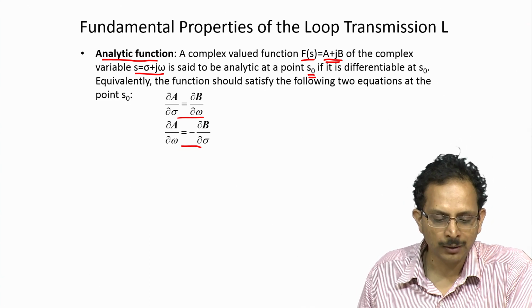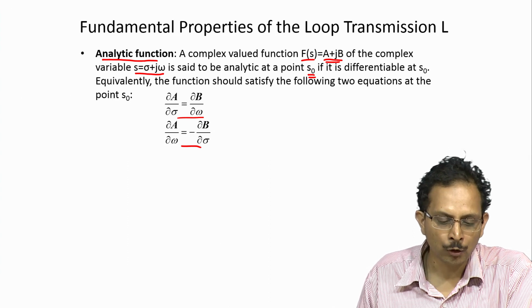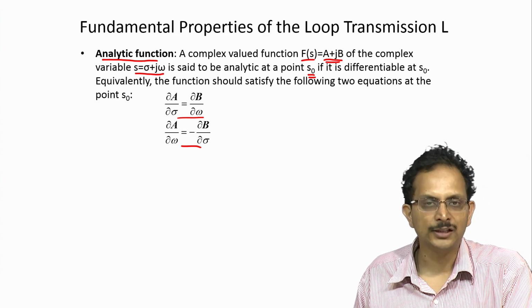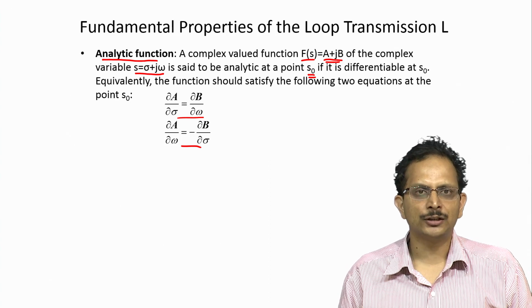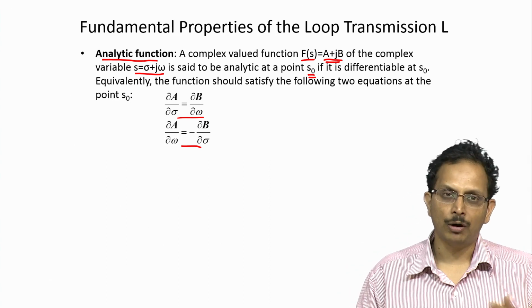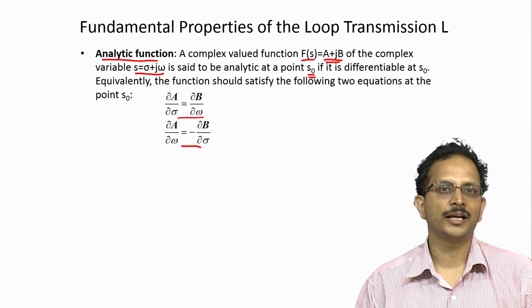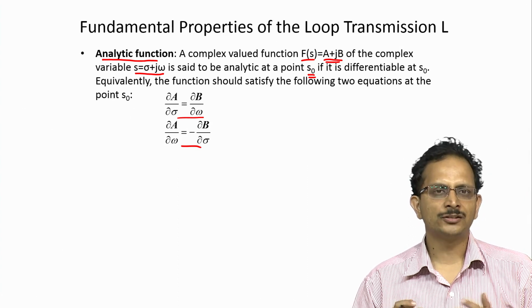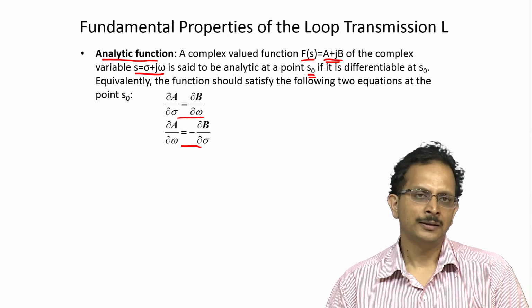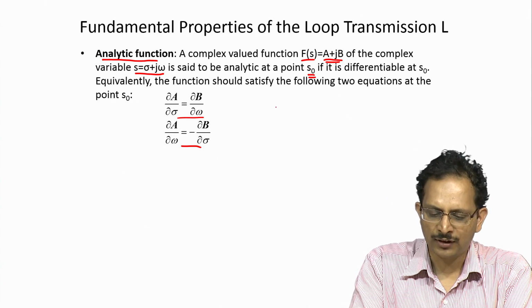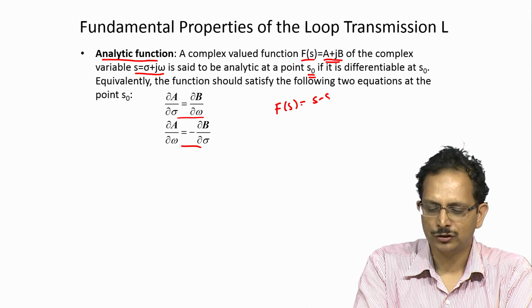Delta a by delta sigma should be equal to delta b by delta omega, and delta a by delta omega should be equal to minus of delta b by delta sigma. So, an analytic function is something that we have already seen when we discussed the proof for the Nyquist stability theory, and it is essentially a function that is infinitely differentiable, and one simple example of an analytic function is f of s is equal to s minus s naught.